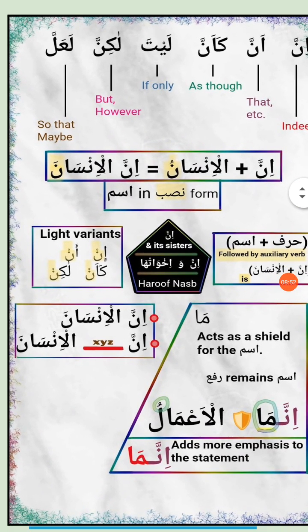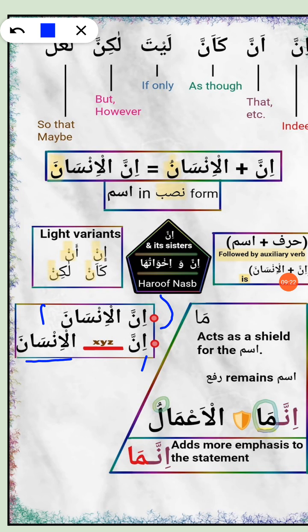Then our second last point is that most often you are going to find the harf and its ism right next to each other, like this, innal insana. However, there may be some instances where the mansub ism is further down the line, and some word or phrase or harf may come in between this harf inna and the ism mansub.